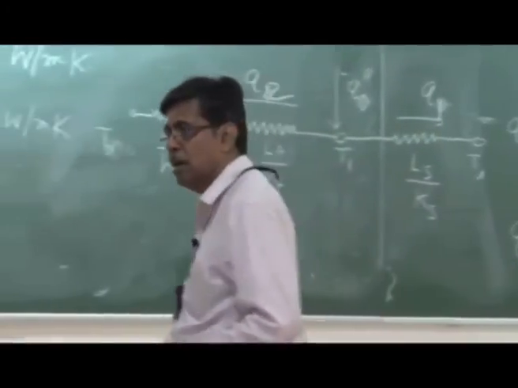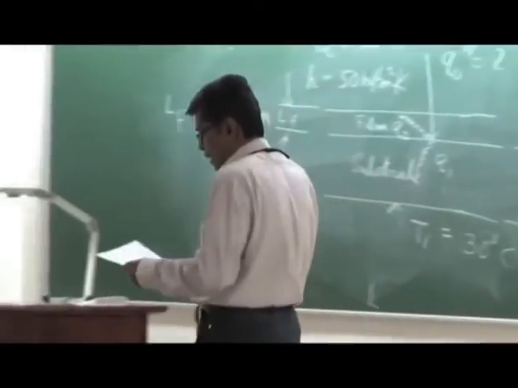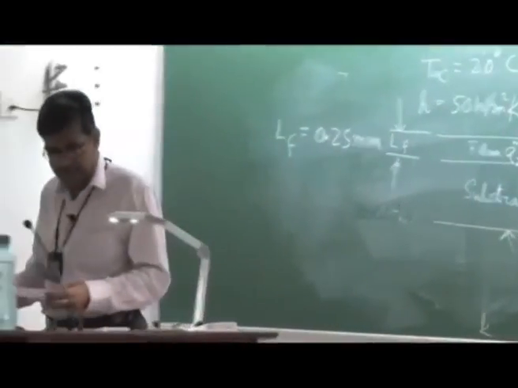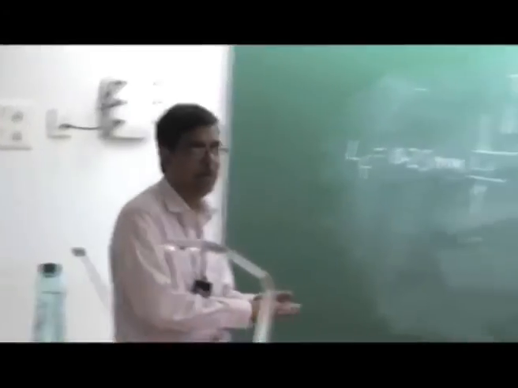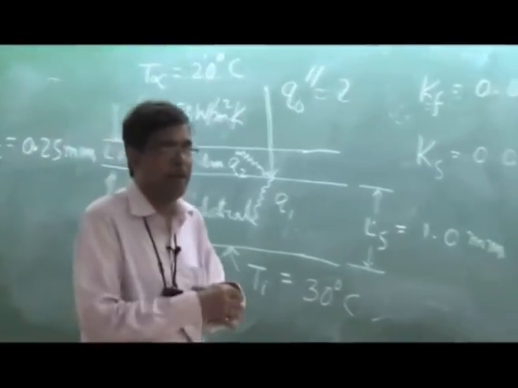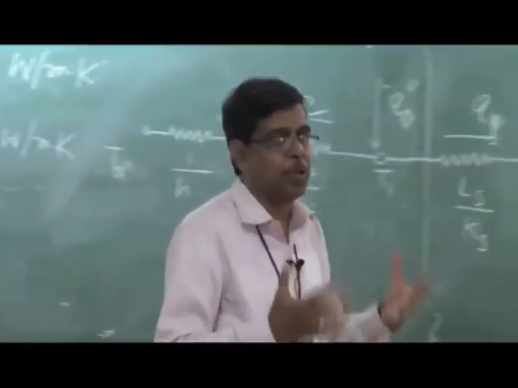Think and try to do it. This is your problem, that if the film is acting not as a totally transparent medium but as an opaque medium, then what will you do and which data do you require?